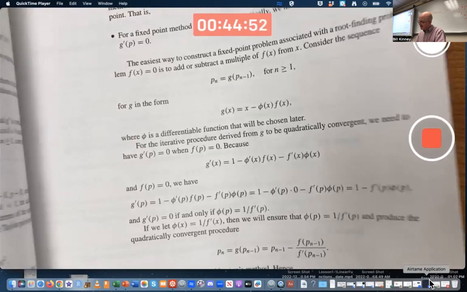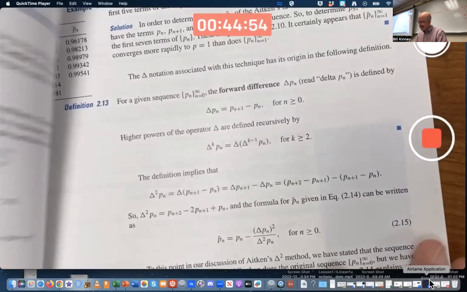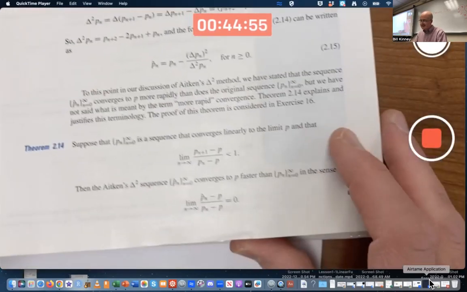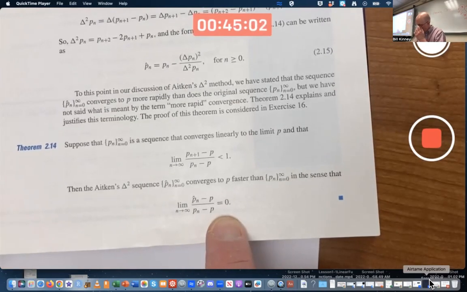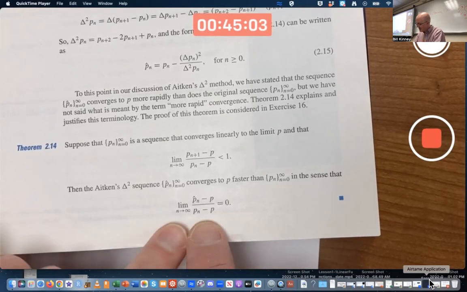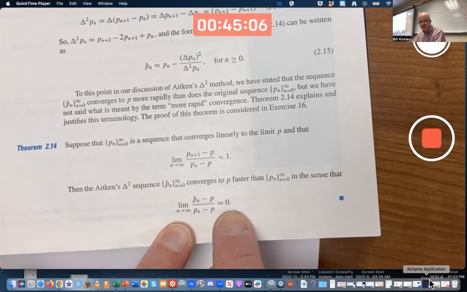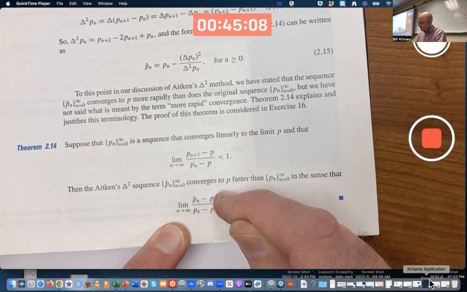The theorem in the book says this is true, which again, be able to read this limit statement. What does it mean intuitively? If the limit of this fraction is 0, it means the top is going to 0 much faster than the bottom.